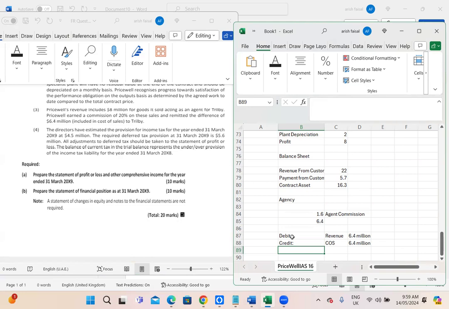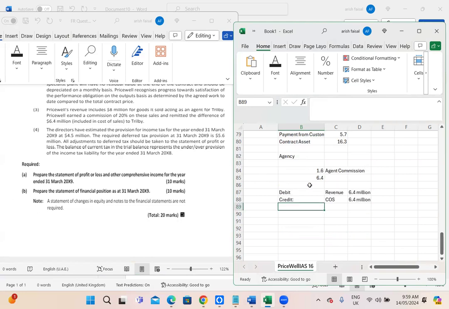Okay. Now, the last thing we have over there is for the tax, right? So now for the tax, it says the last adjustment, which is for the tax.